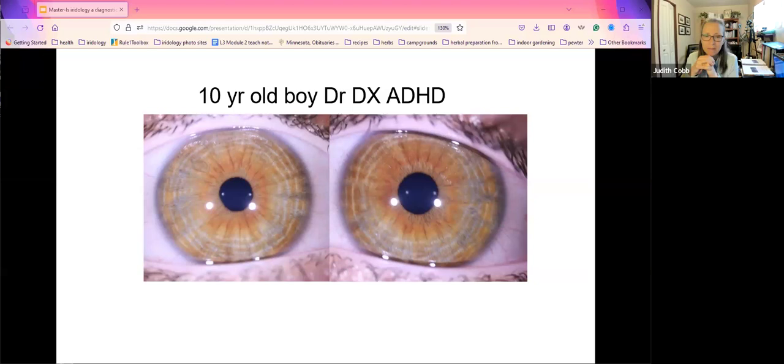Any ideas? Stimulants. Yes, stimulants. Absolutely. Good answer, Sabrina. They prescribe stimulants. When you look at Ritalin and things like that, those are stimulants. What are stimulants going to do to how the body burns through B vitamins, vitamin C, calcium, and magnesium?